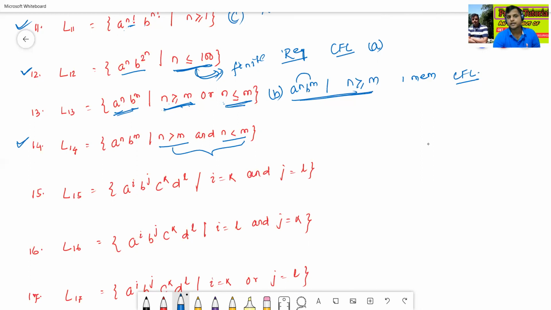If I take n greater than m and n less than m, the language will be generated like L equals empty language. Empty language means it is regular as well as context-free. So it is option A.